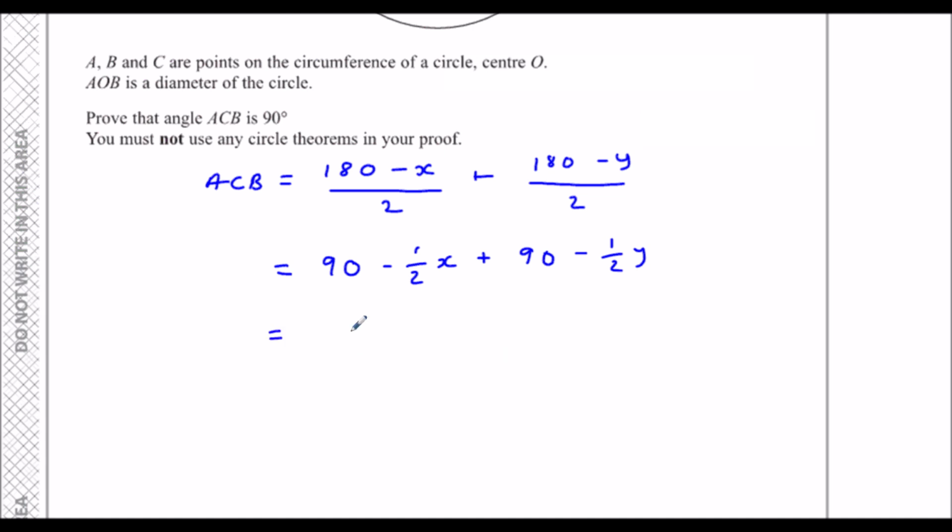And I can collect the like terms. So 90 and 90. That's 180. And I've got minus half an x minus half a y. And now I'm going to factorize out the minus a half. So I've got 180 minus a half of x plus y. So ACB is 180 minus a half of x plus y.